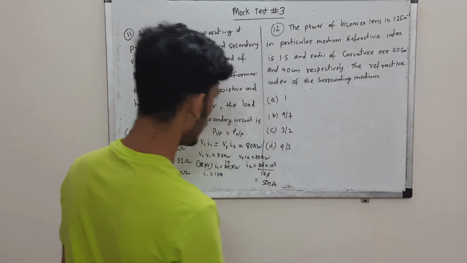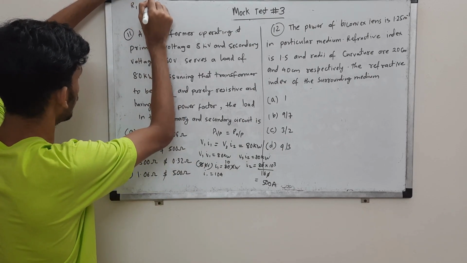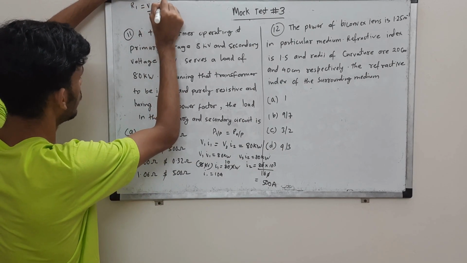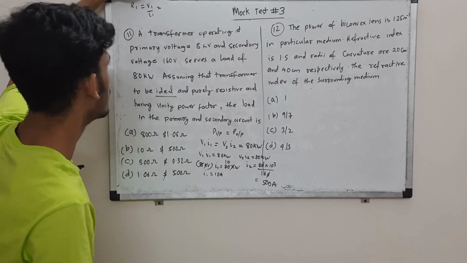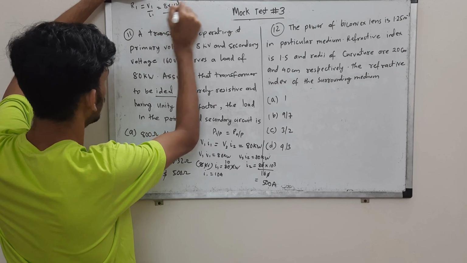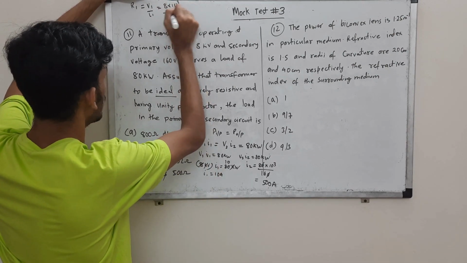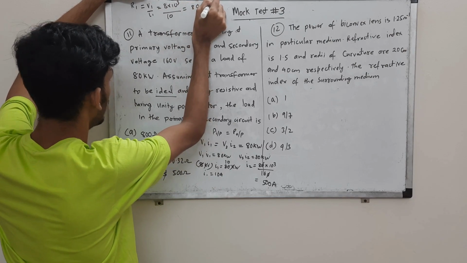Now let us find R1 and R2. R1 can be found using V1 by I1. V1 is the primary side voltage, which is 8 kilovolts, and current is 10. So I think it's 800, pretty evident.